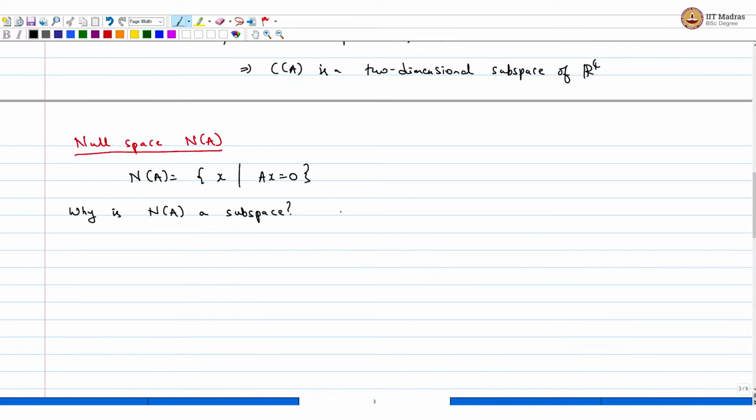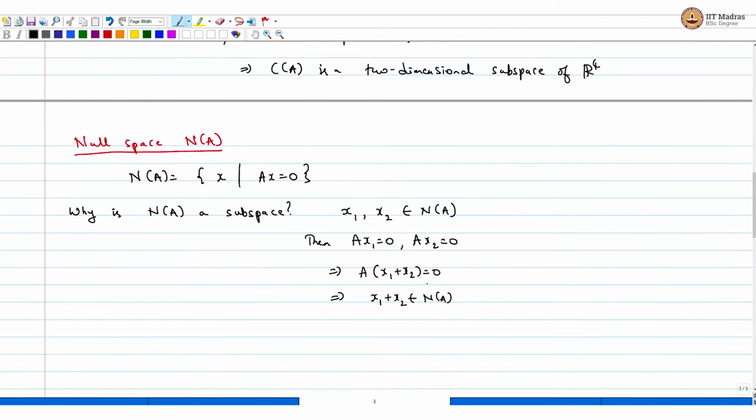Let's say if you take two vectors, x1 and x2 both belonging to the null space of A, then Ax1 equals 0 and Ax2 equals 0 implies A of x1 plus x2 equals 0, which implies x1 plus x2 belongs to the null space of A.